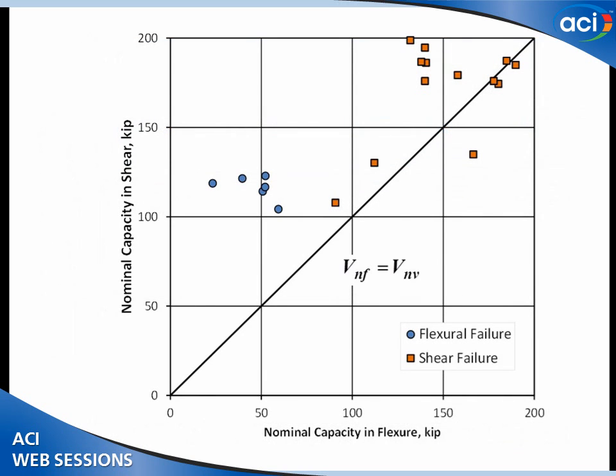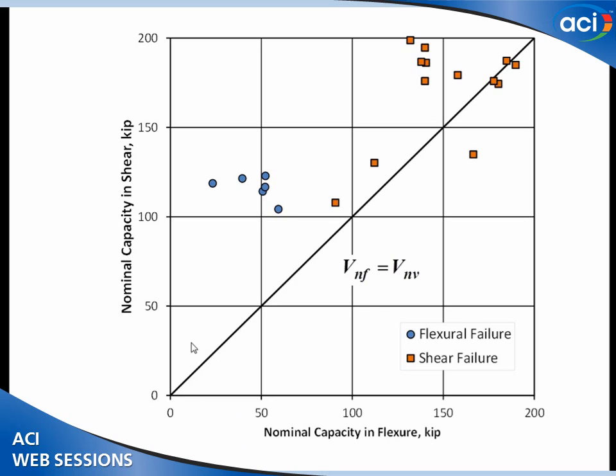It's interesting, though, to compare the strengths of these walls in terms of their flexural strength or moment strength versus their shear strength as calculated. So the horizontal axis is the nominal strength in flexure, and the vertical is in shear. And the various walls are plotted along here.